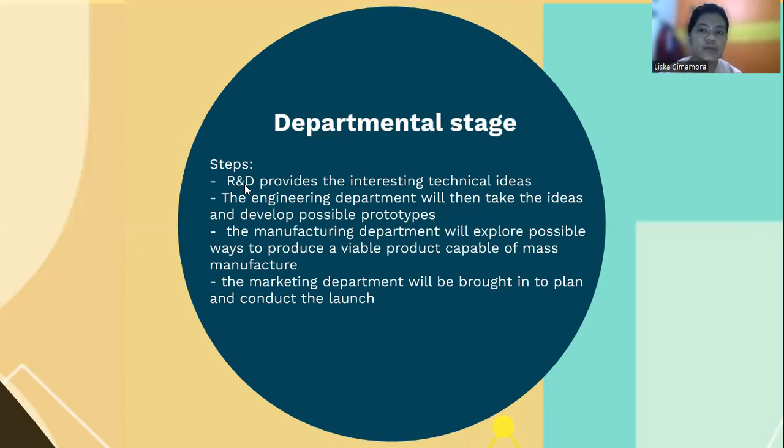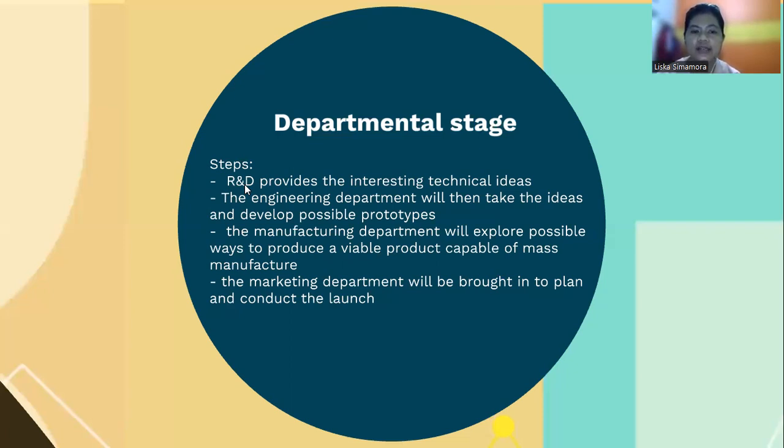And in the engineering department, maybe they will start to design, or maybe they will make the prototype of the things. So different from the R&D. And in the manufacturing department, they will make the calculation of the cost production, of the feasibility, the profit, and they have to calculate them.